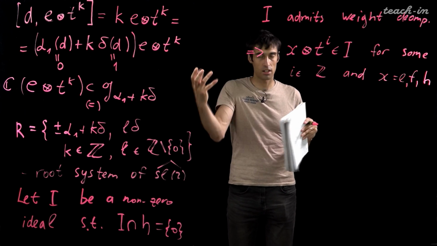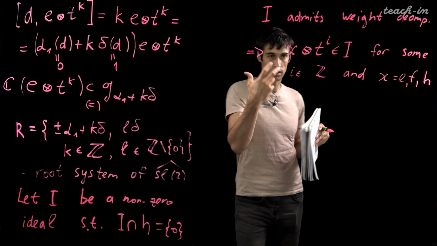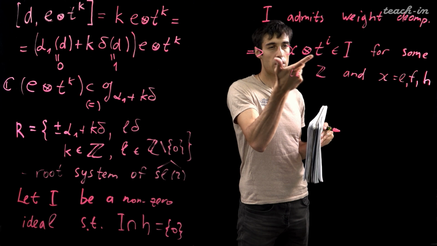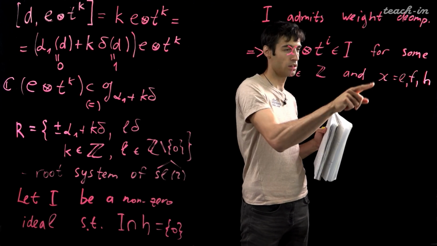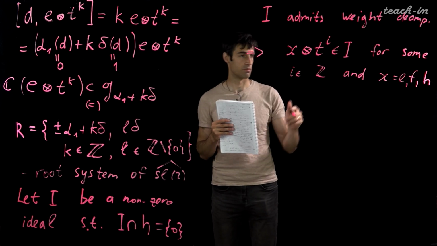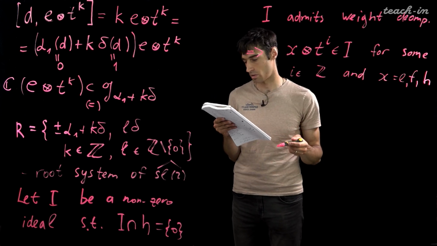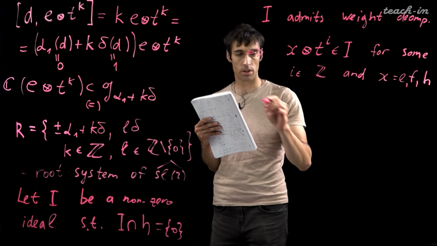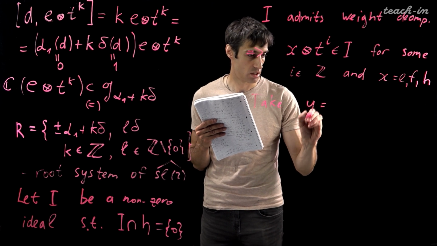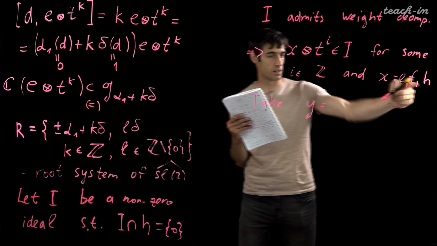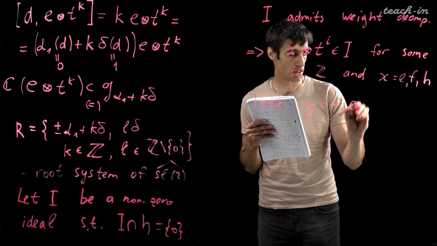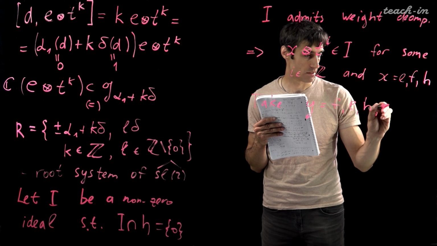Since I has at least one, let us consider this one. It is of this form, X tensor t^i, where X is one of these elements E, F, or H. These are our standard elements of SL2. Now take Y to be, depending on what X is, F, E, or H, respectively.